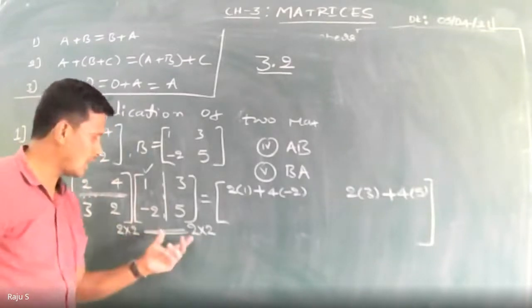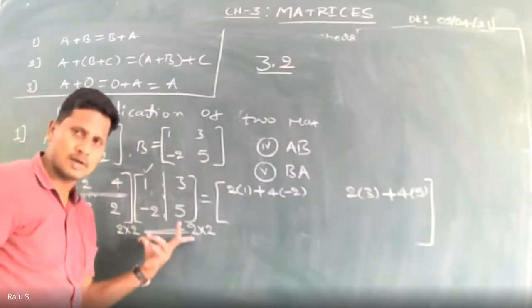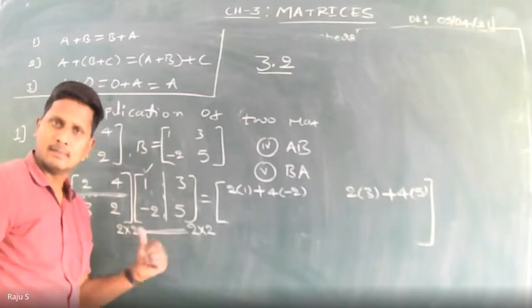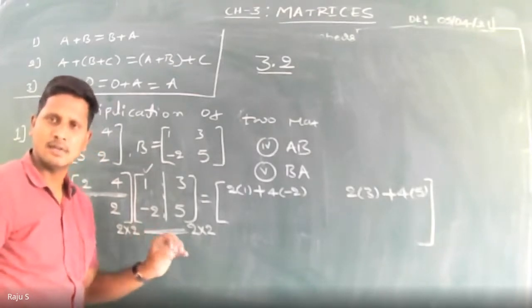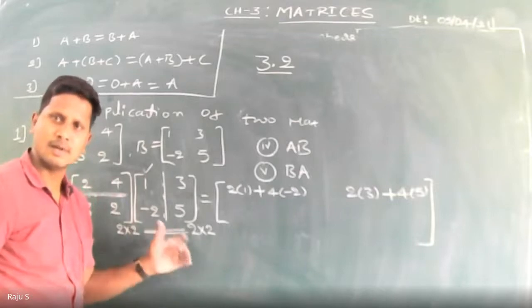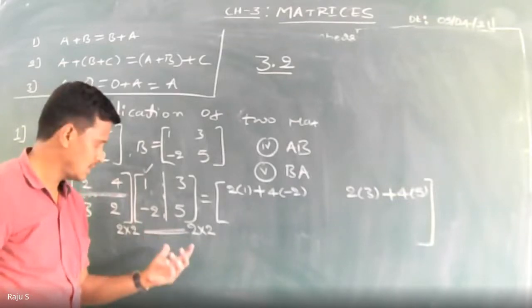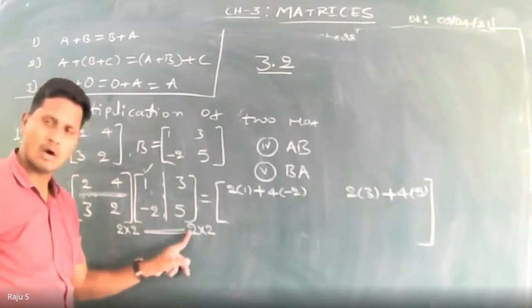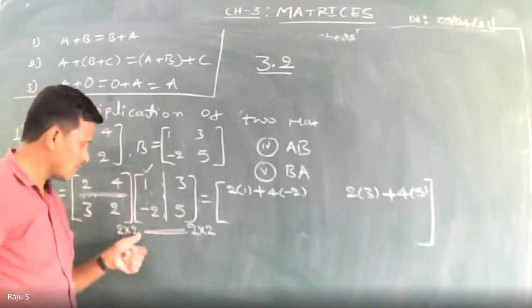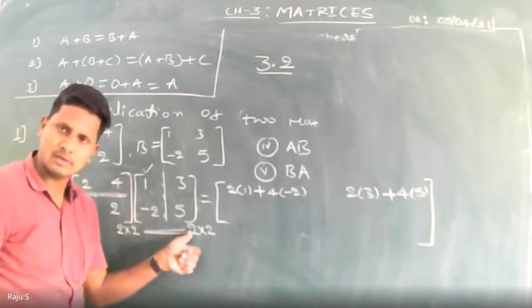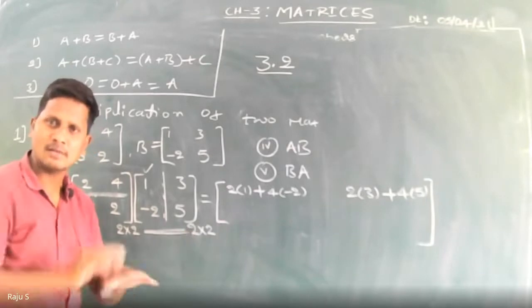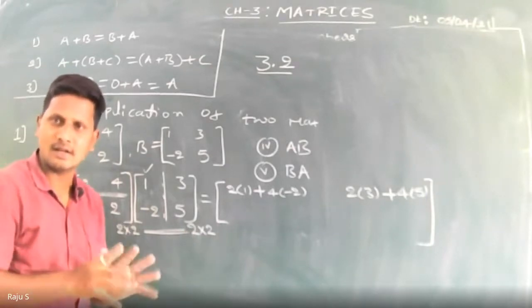Only when these two values are equal is matrix multiplication possible. If the columns of the first matrix are not equal to the rows of the second matrix, matrix multiplication does not exist.